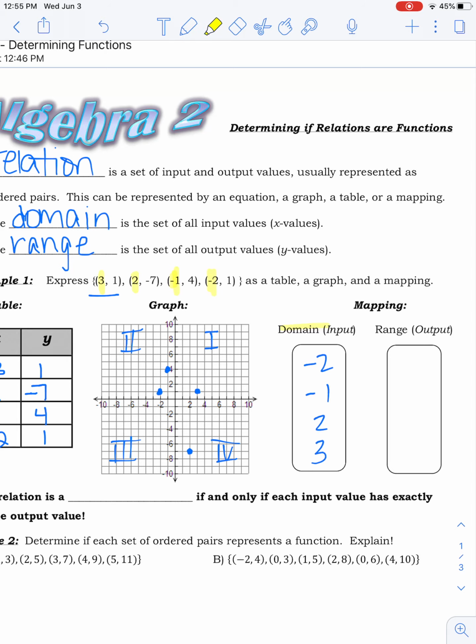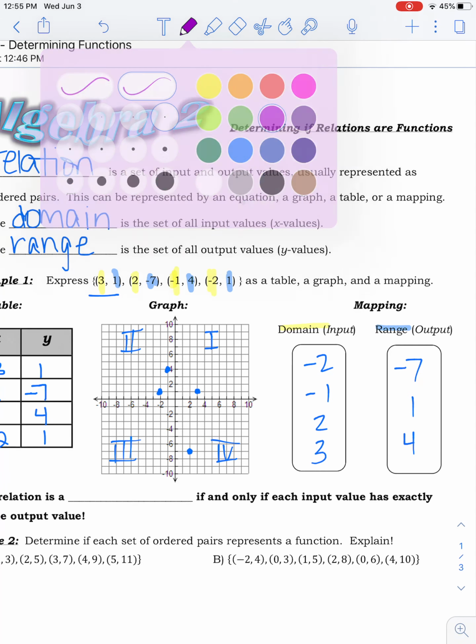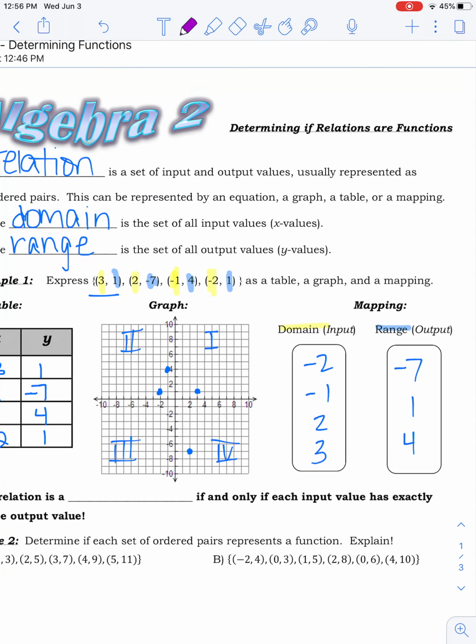For the range, which I'll highlight in blue, we've got a 1, a negative 7, 4, and 1. So the lowest value is negative 7, and then 1, and then 4. And I don't need to repeat the 1. What'll end up happening here is when I draw my arrows, I'll just have 2 arrows pointing to 1.